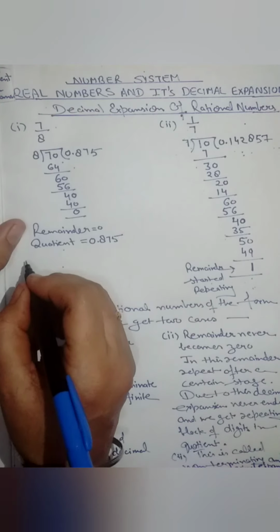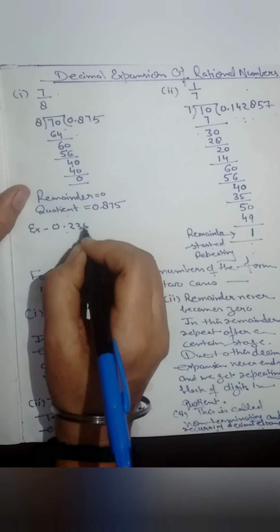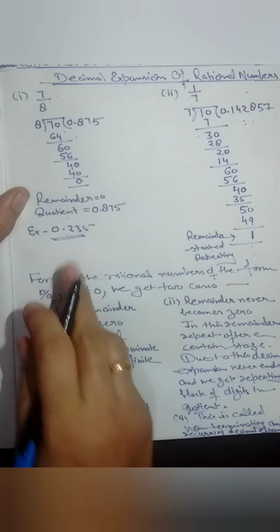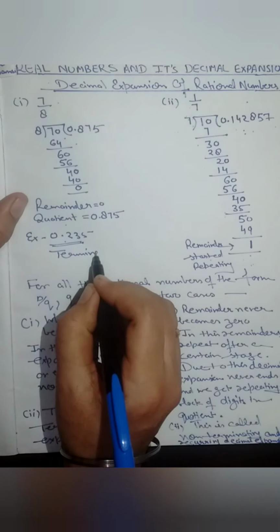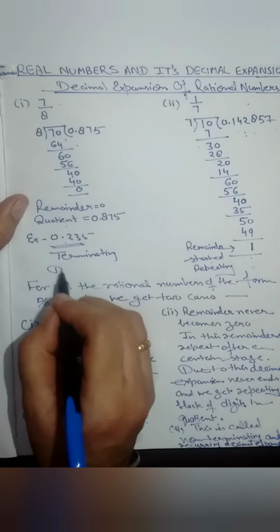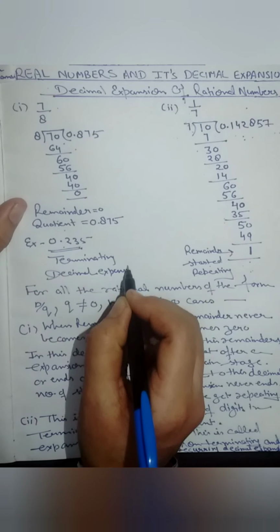We can take one more example here, 0.235. This is also a terminating decimal expansion.